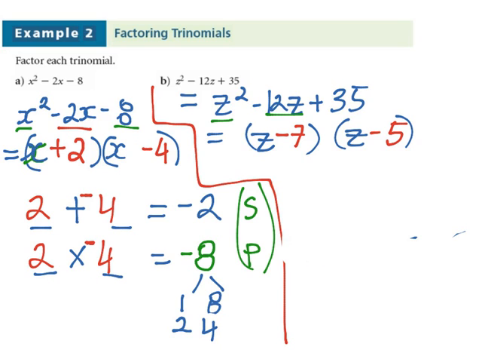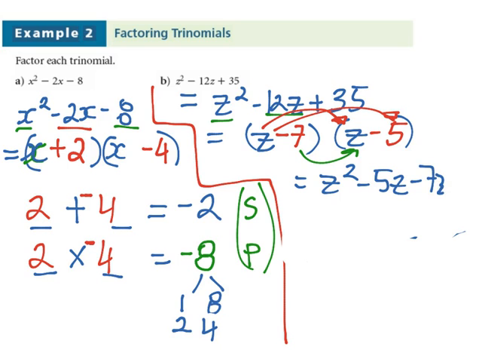And we verify by, again, expansion. So we're going to multiply z with z and z with the negative 5. So we will get z squared minus 5z. Then we're going to, again, expand. Negative 7 times z, that's negative 7z. And multiply negative 7 with negative 5, which will give us a positive 35.